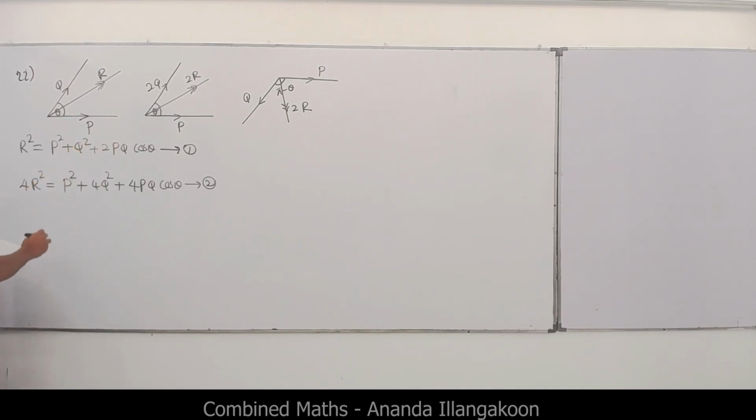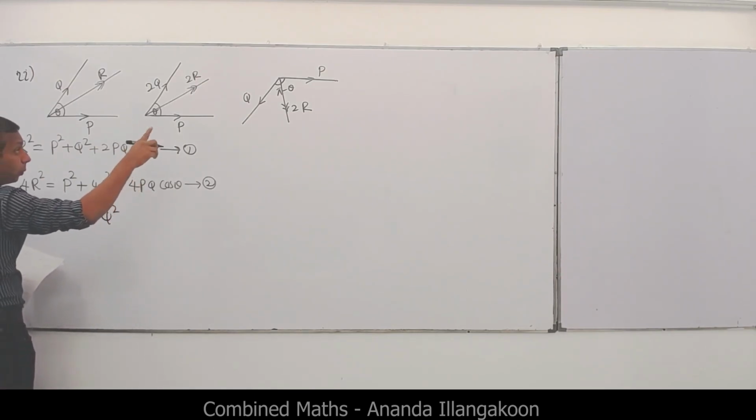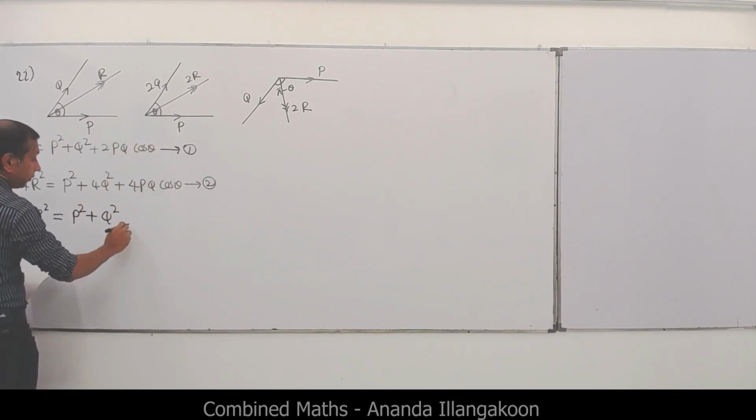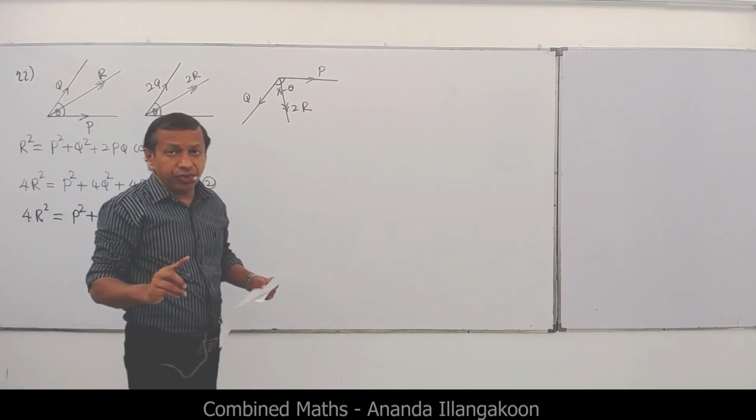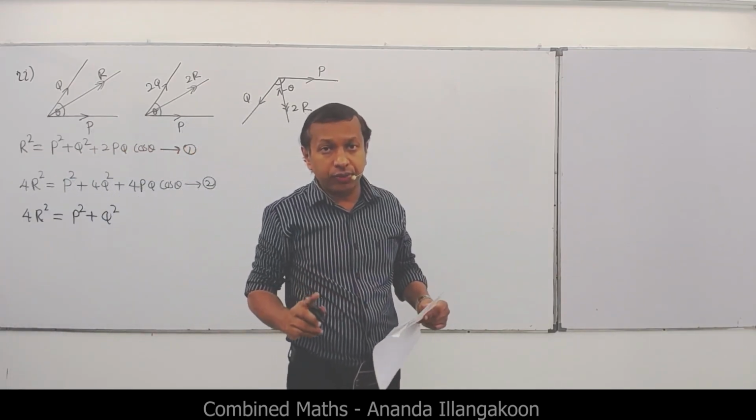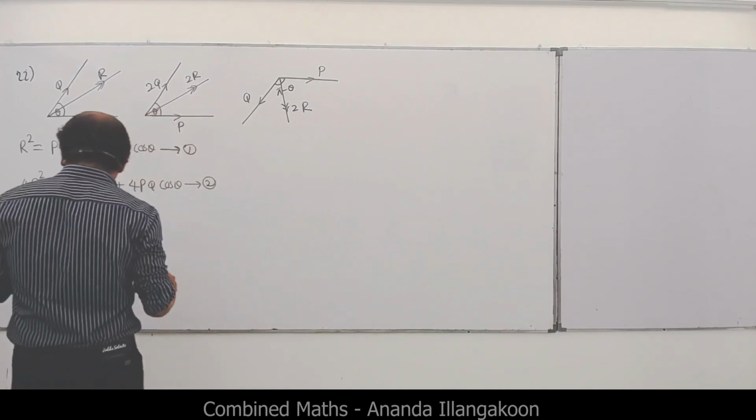That one again, 4R squared equals P squared plus Q squared plus 2PQ cos (180 minus theta). Correct, no? Cos 180 minus theta is minus cos theta, right? So then we get minus 2PQ cos theta.